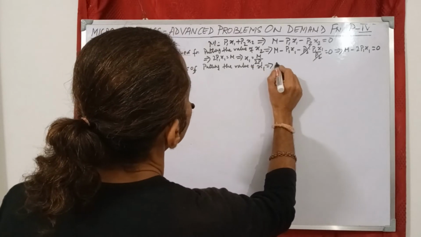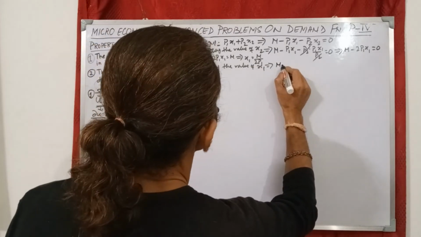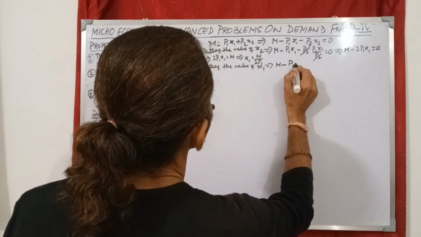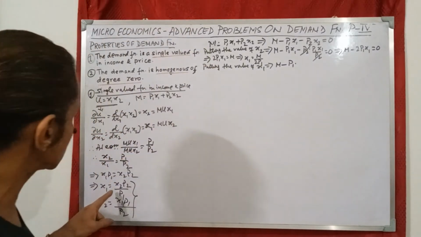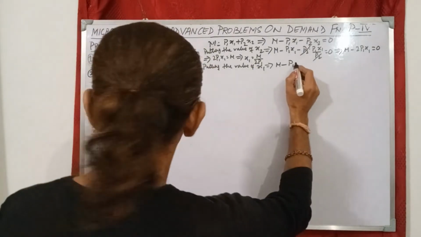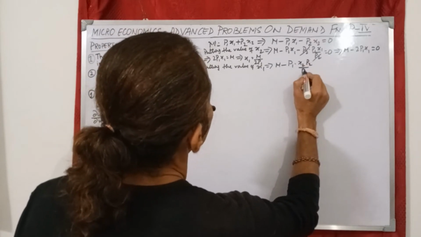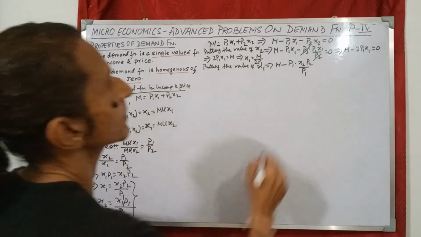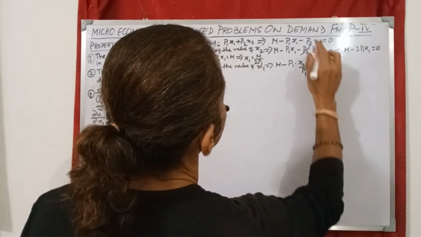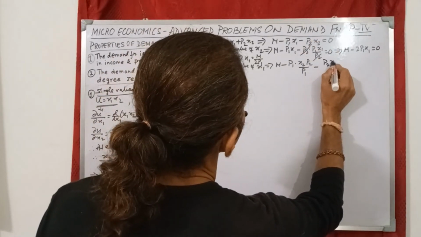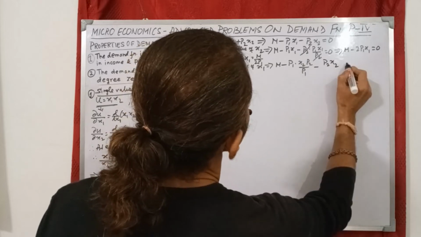We get M minus p1 into what is x1? x2 p2 by p1, minus p2 x2 equals 0.